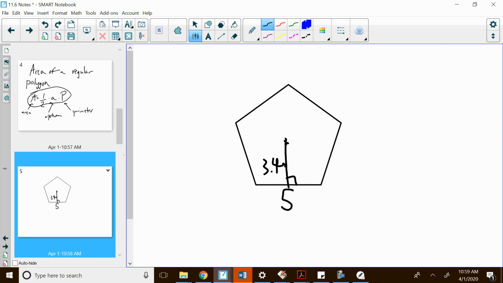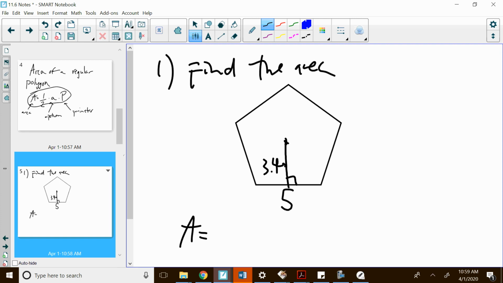I'll show you how to get that, but let's say we were given this problem as an example, and it said find the area. It gives us a side length, beautiful. It gives us the apothem's length, beautiful. Plug it in. Area is equal to 1/2 times 3.4 times the perimeter, which would be all 5 sides, each a length of 5, 25.